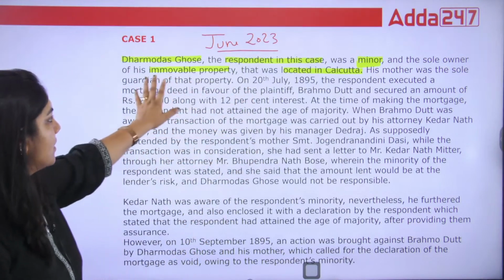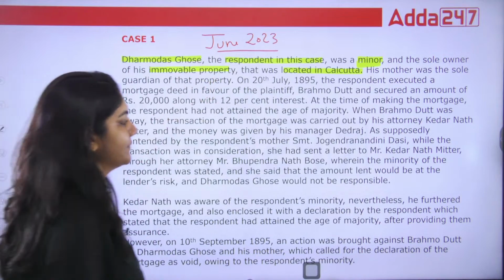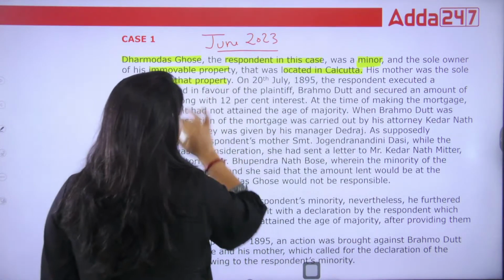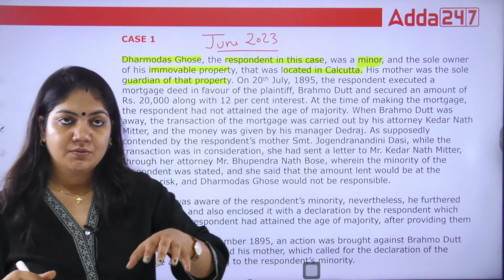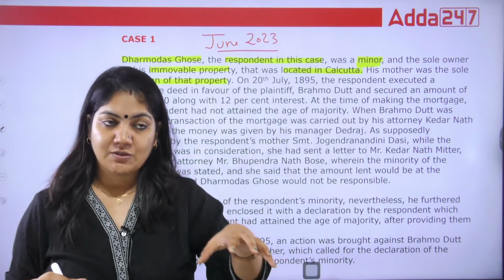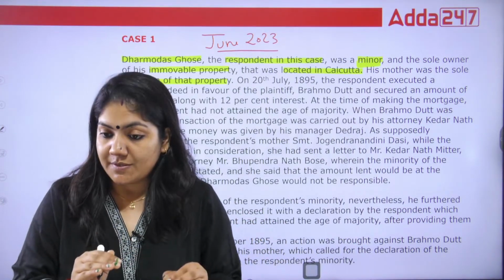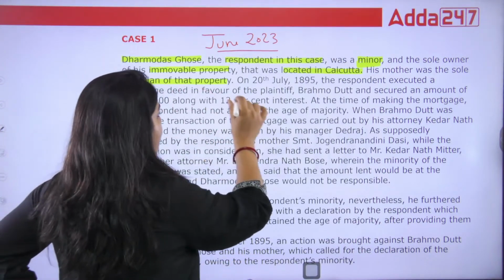And he is the sole owner of the property situated in Kolkata. His mother was the sole guardian of the property, because when the minor has a property, there must be a guardian, and in that case the mother is the guardian.